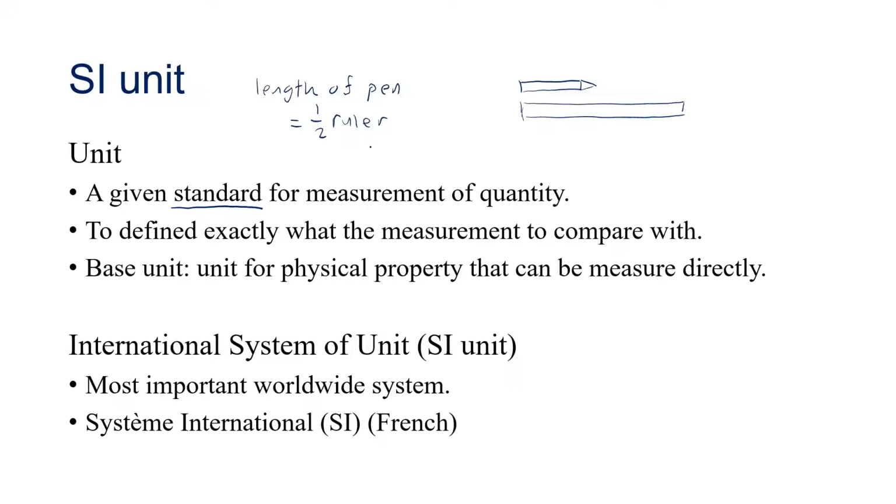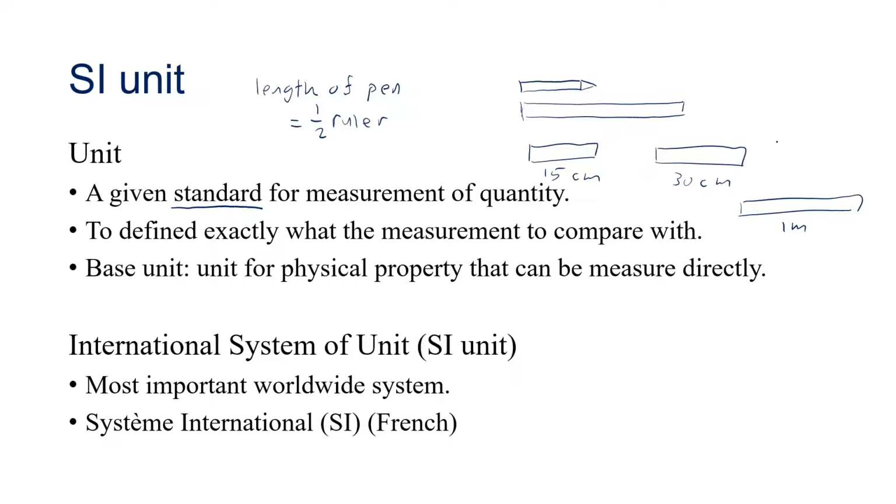But the problem with this kind of unit is that we can have different types of rulers. Some rulers have 50 cm, some have 30 cm, and some are 1 meter. So if we just take this as a ruler, we have different kinds of rulers, which makes things inconsistent.